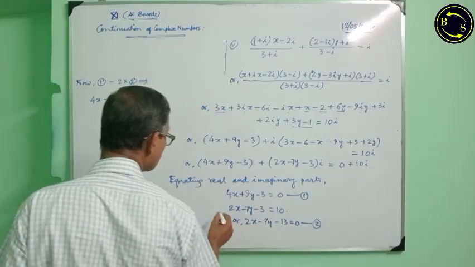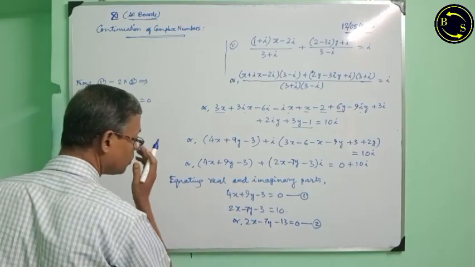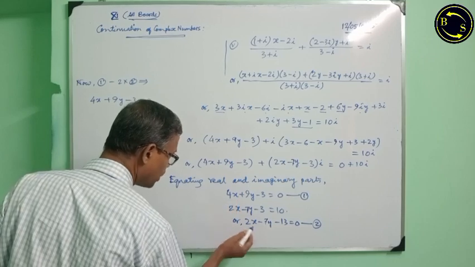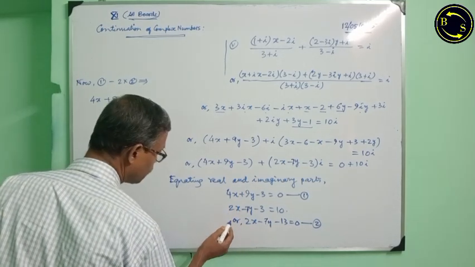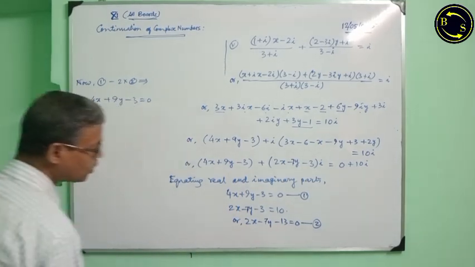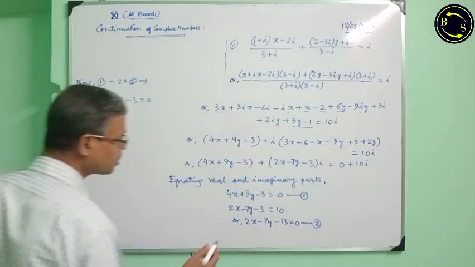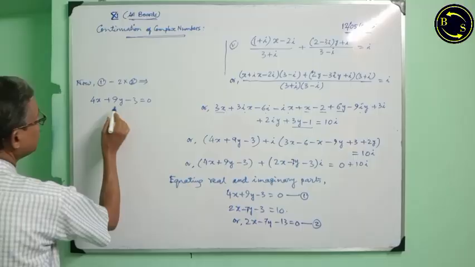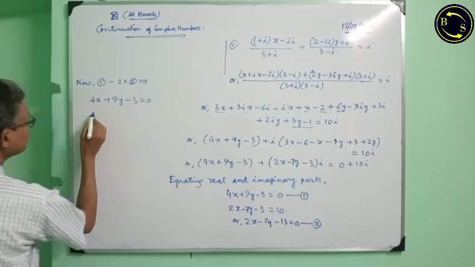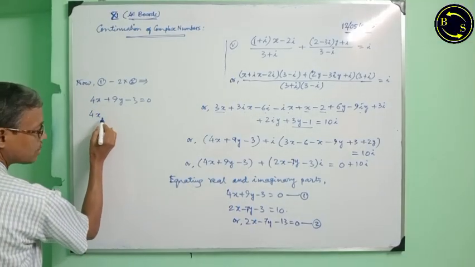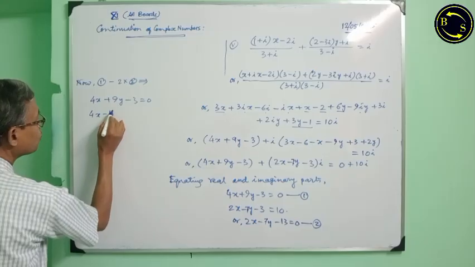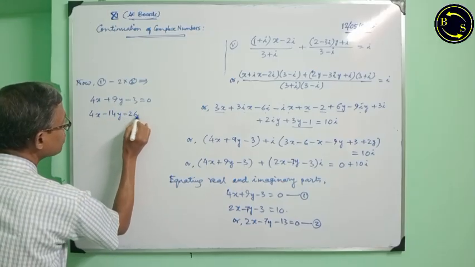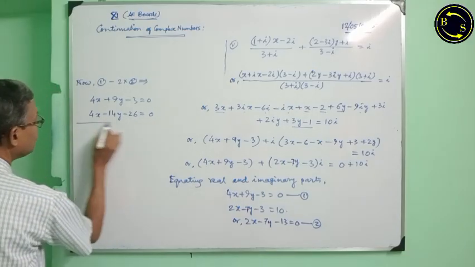Then we have solved these two equations. We are going to solve. We find coefficient of x is 4, here it is 2. Therefore, we multiply equation 2 by 2 and that result is subtracted from this one. 1 minus 2 into this is equal to 0, and this will be 4x minus 14y minus 26 is equal to 0.